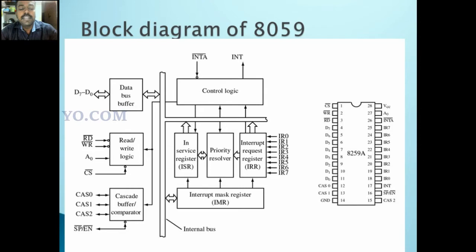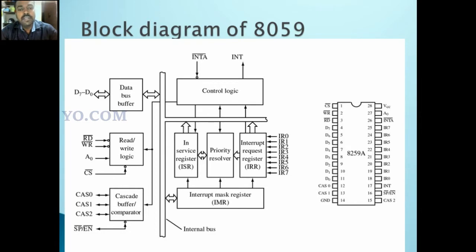Then cascade buffer or comparator. The cascade buffer or comparator is used to connect different 8259s in cascade manner. These control signals are used to connect in cascade manner. Then another one is the control logic. This control logic is for interrupt purpose.